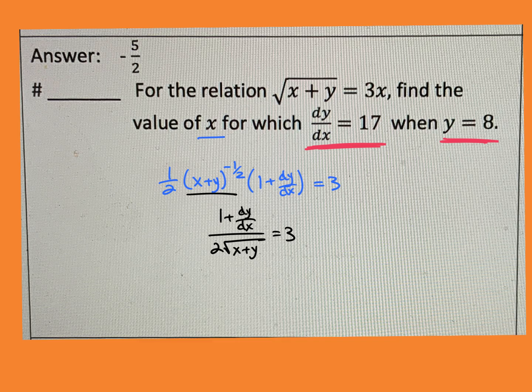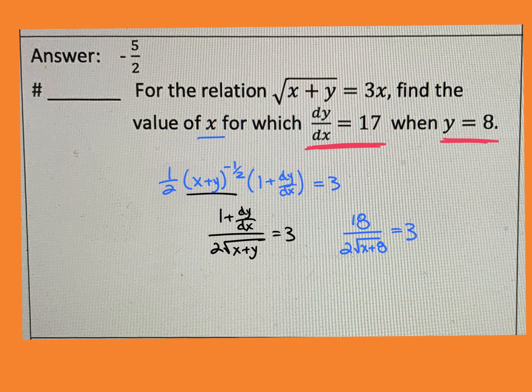From there, we need to solve for x and just substitute in everything else that we know. So we're going to substitute in 17 for dy dx. So 1 plus 17 is 18, over 2 times the square root of x plus, what's my y? 8, good, is equal to 3.